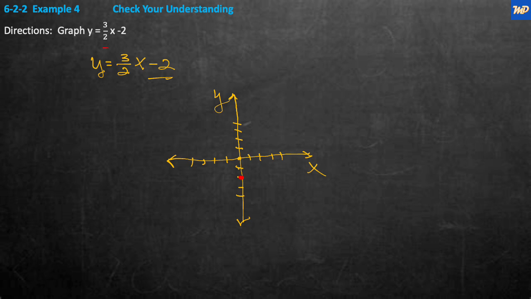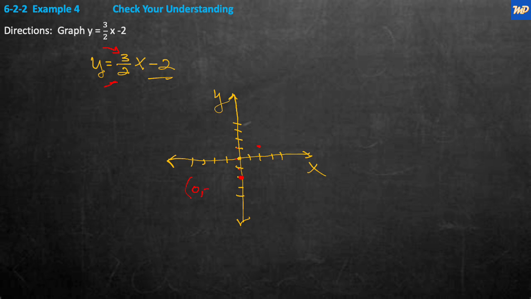Now you want the slope. Remember, the top is the y and the bottom is the x. 3 is a positive. It's a positive slope. So that means you're going to go up from here. So you're going to go up 1, 2, 3. It's telling you y goes up 3, x goes to the right 2, right here. So down here is where you started, which is 0, negative 2, right?